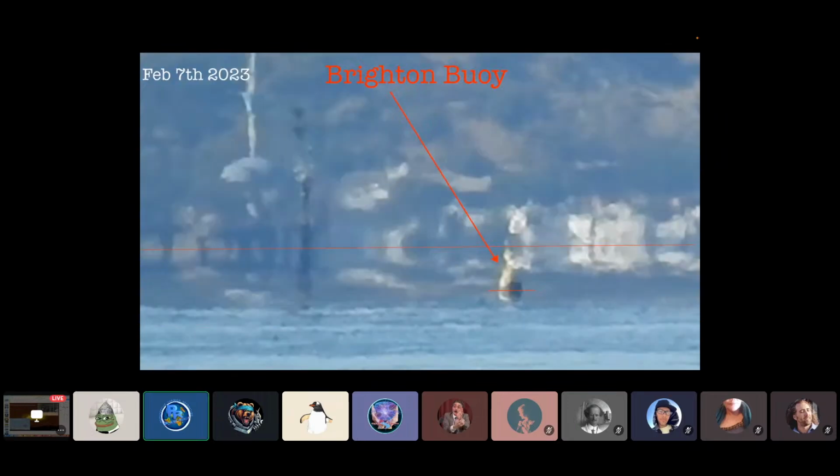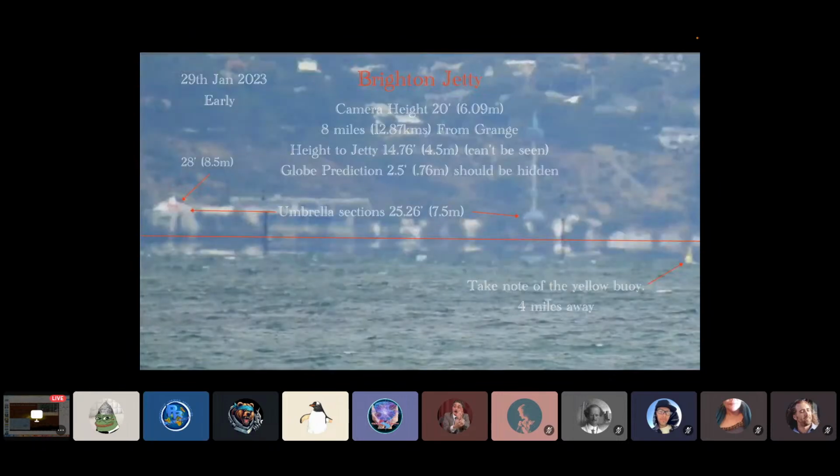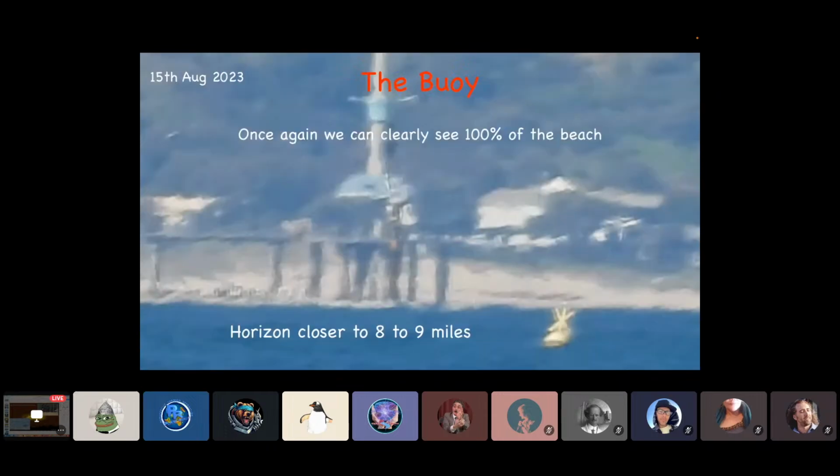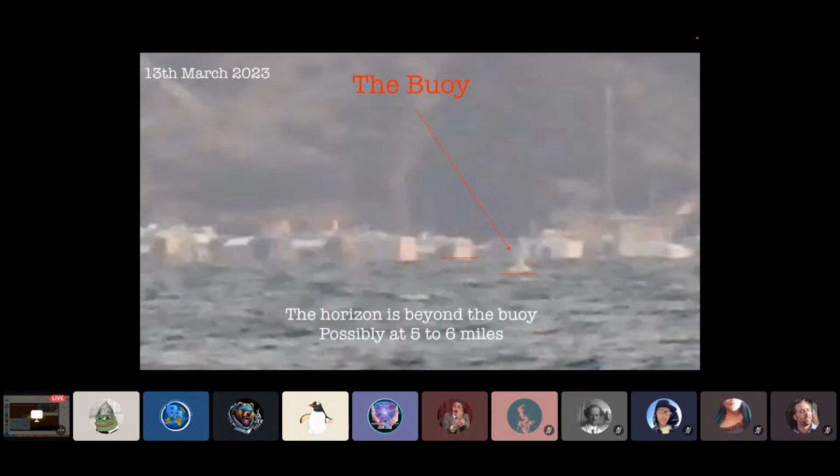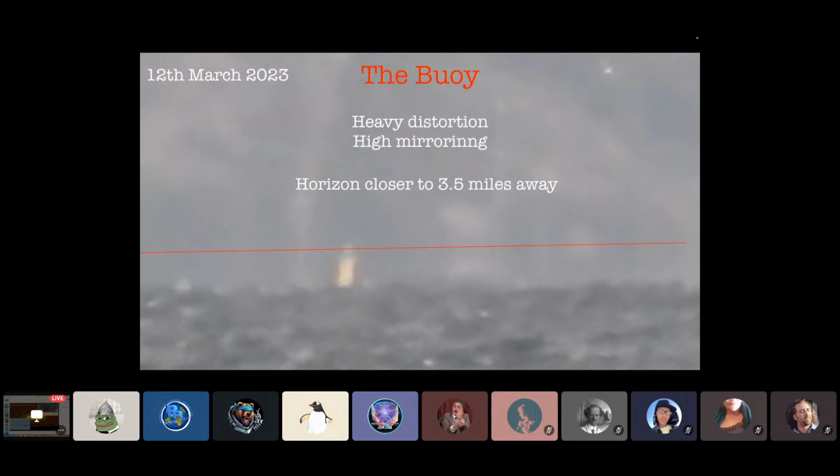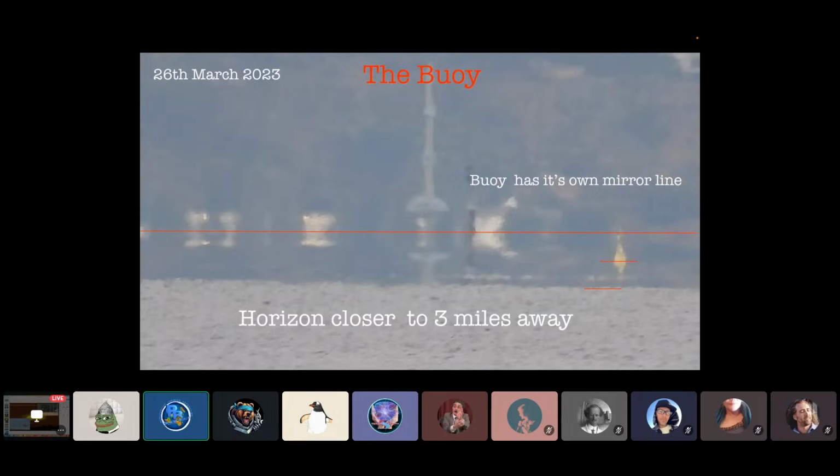Now on this one, due to the inferior mirage, the horizon is closer than 3.6 miles away, because that buoy, I've been and had a much better look, is actually 3.6 miles away from me. So the horizon is now in front of the buoy, or when I say in front, I mean beyond it. Now it's much closer to me.